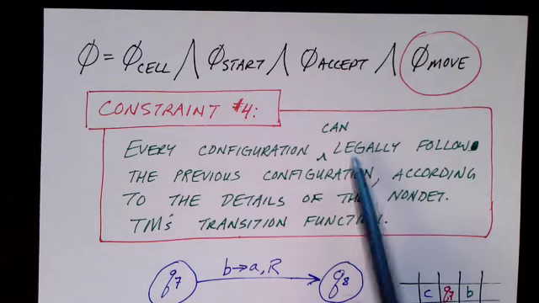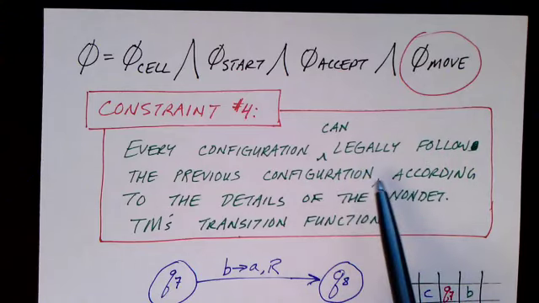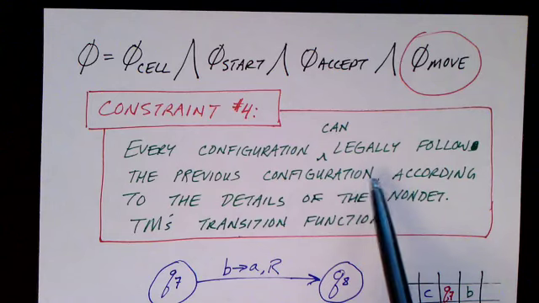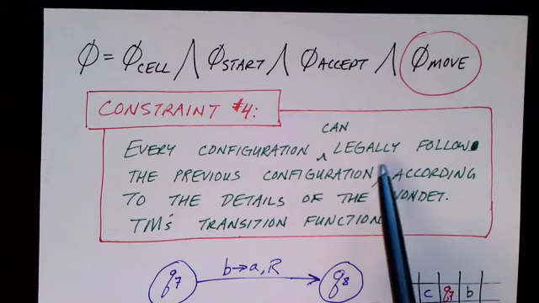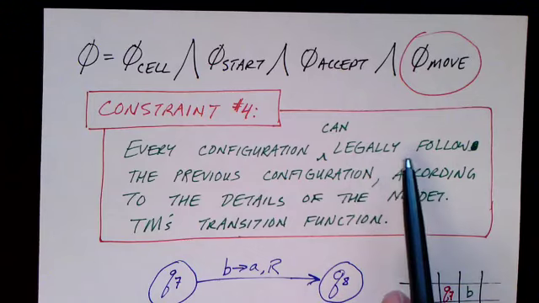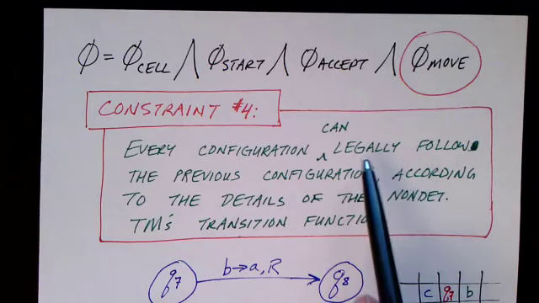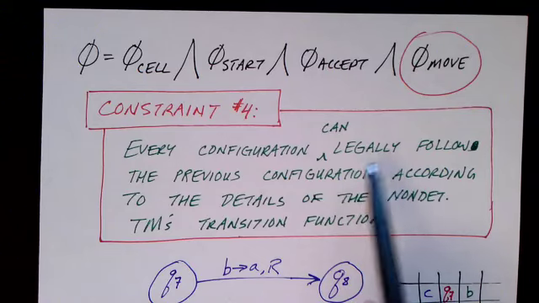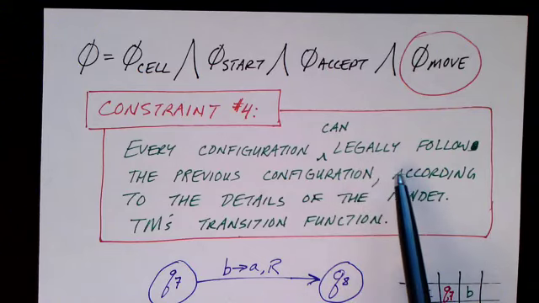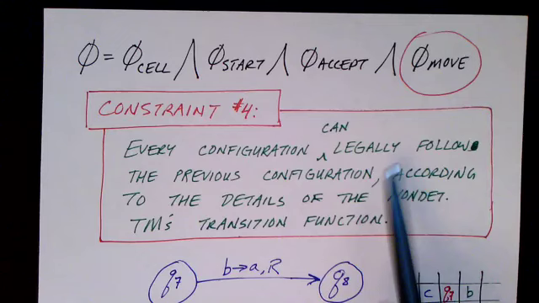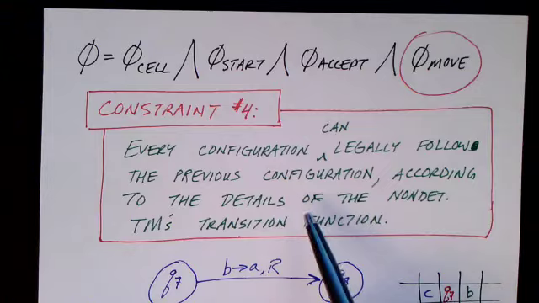All we care about is that a row in the table is legal in the sense that it is one of the possibilities that can follow the previous row. Each row describes a configuration, and we want to make sure that given one row, the row directly after it is possible. It's a legal configuration that could be reached by following one of the transitions in the non-deterministic Turing machine's transition function.